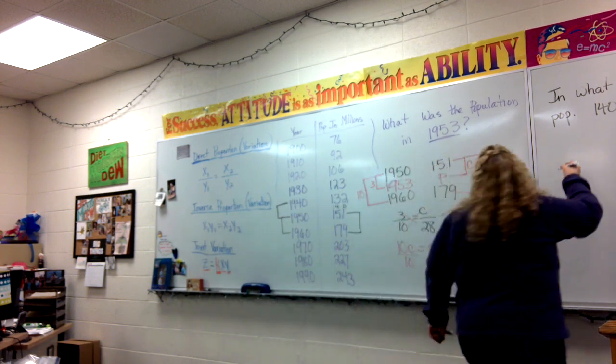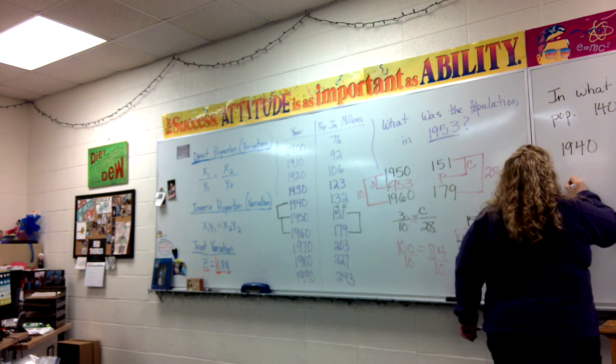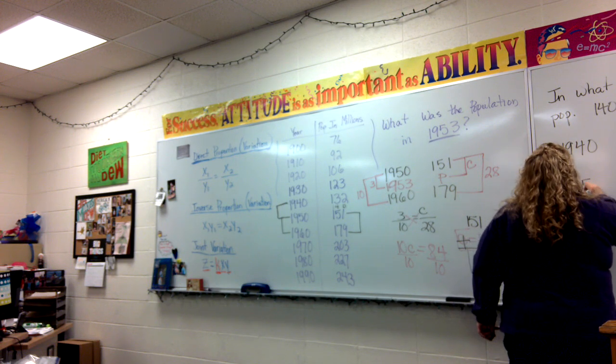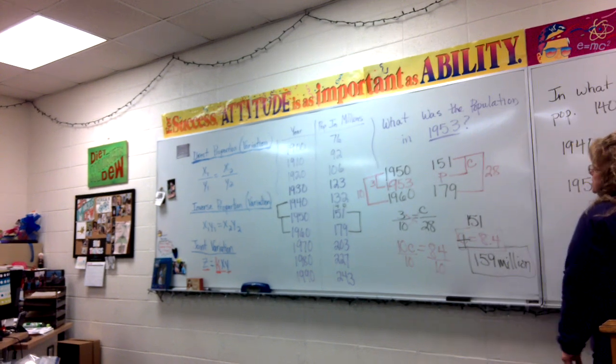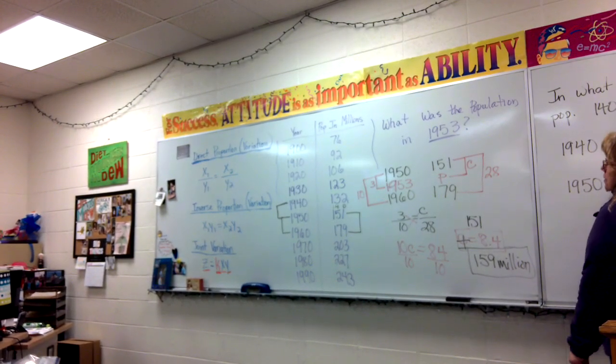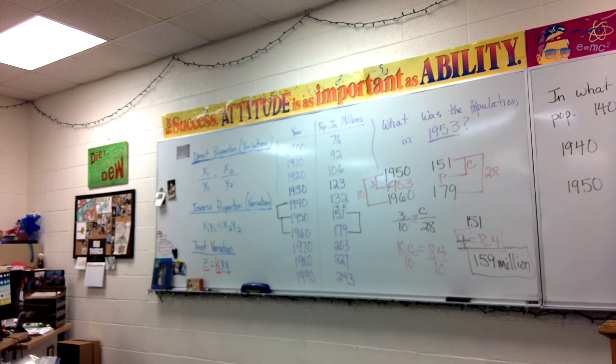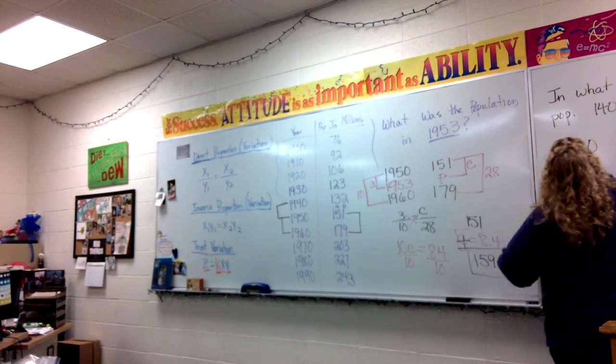So if I were you, I would write 1940, 1950. What was it in 1940? 132 million. In 1950, it was 151 million. And I want to know, in what year was the population 140 million?